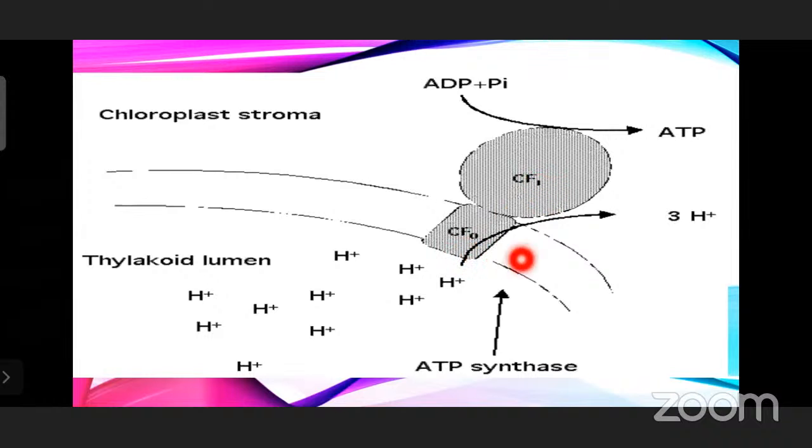F0 is embedded inside the membrane and F1 is protruding outside. Through this F0, F1 particle, the protons come out. Meanwhile, the energy given off is taken by ADP and inorganic phosphate, and they are converted into ATP. The enzyme for this conversion is ATP synthetase.